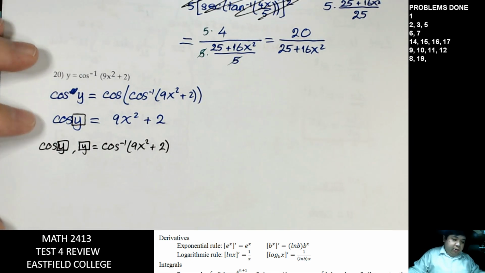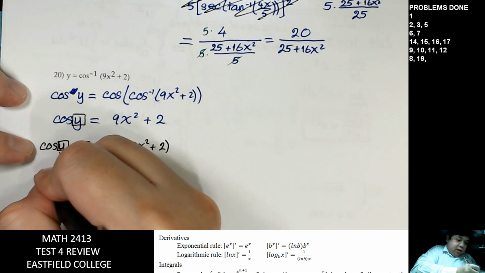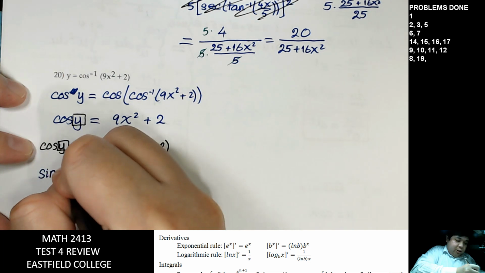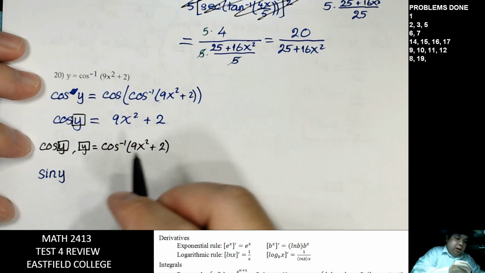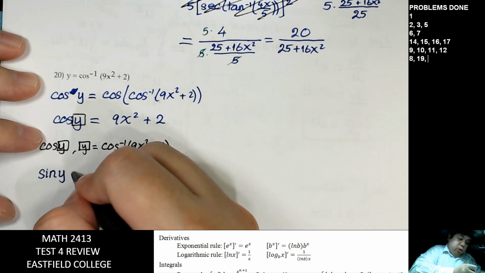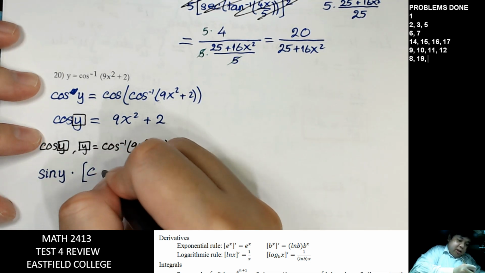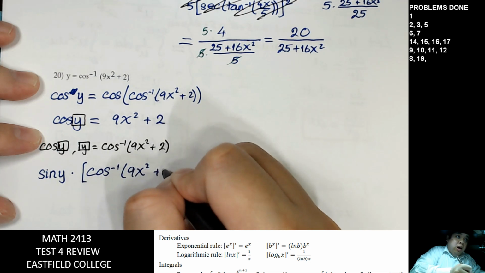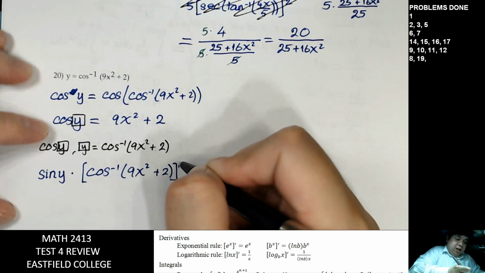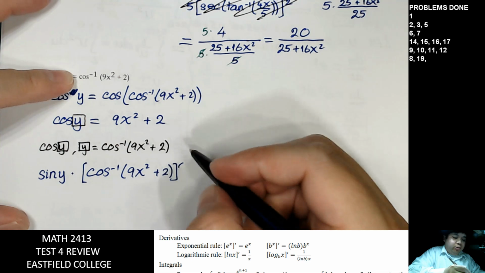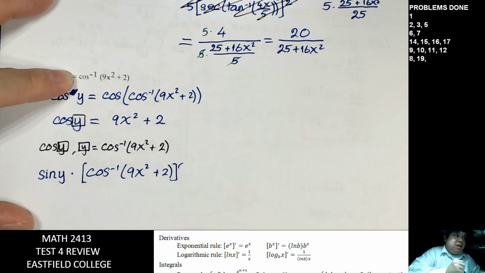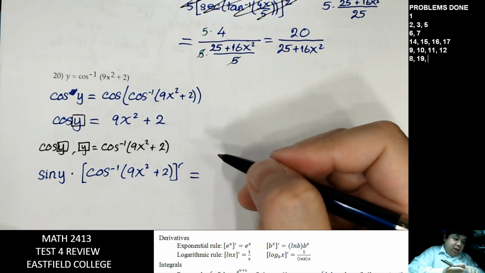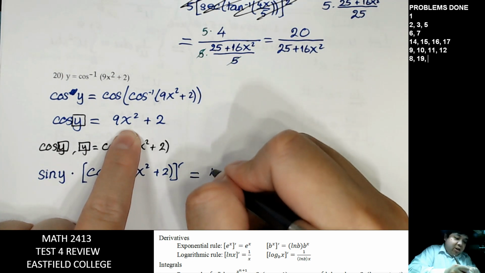We take the derivative of cosine, which is sine. The derivative of that, we don't know what it is, but let's just write it like that. And essentially that is what the question asks us to find, this derivative. On the right hand side, that will give us just 18x.